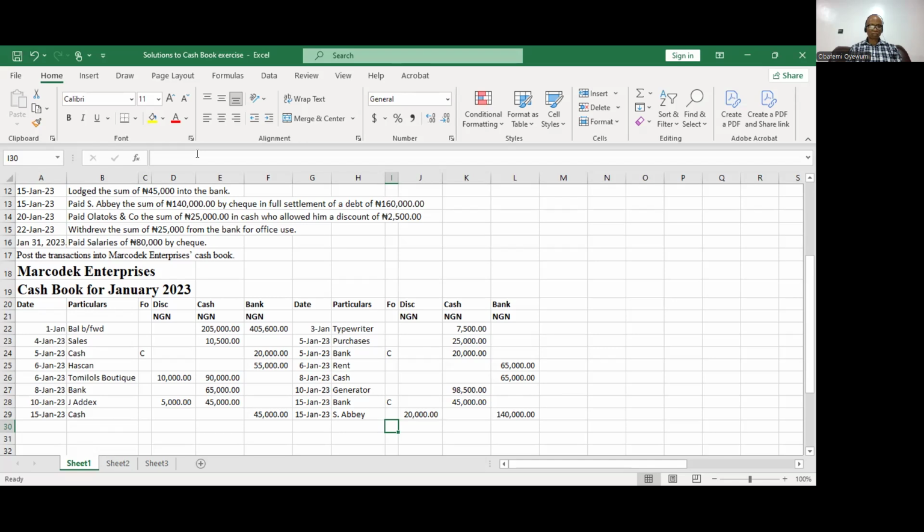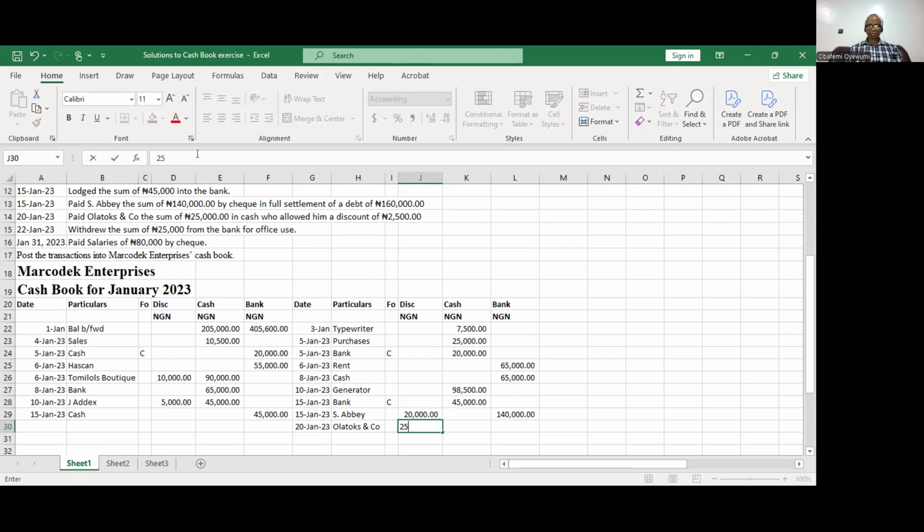So we paid Olatox the sum of 25,000, who allowed him a discount of 2,500. So this time around, he paid Olatox on the 20th of January 2023. So you have Olatox and Co. The sum of 25,000, who allowed him a discount of 2,500.